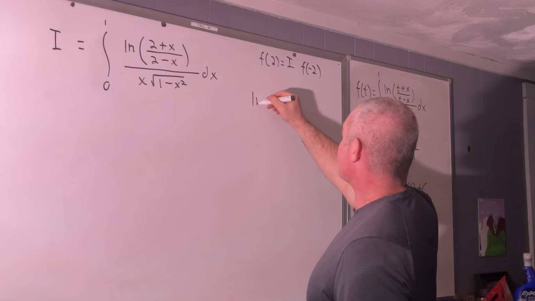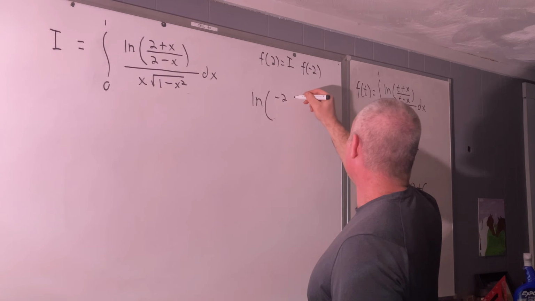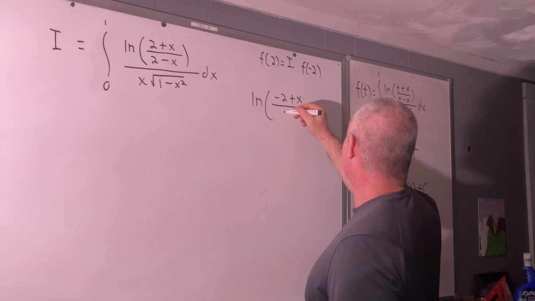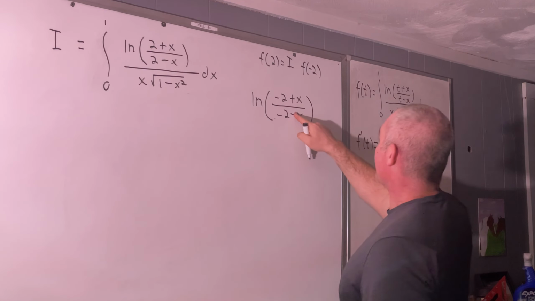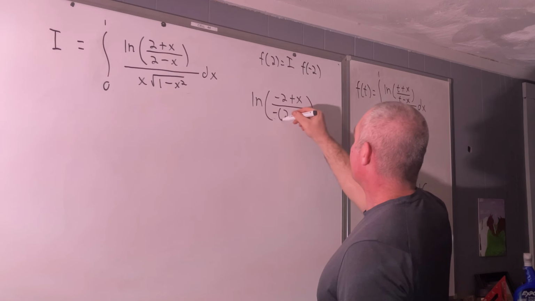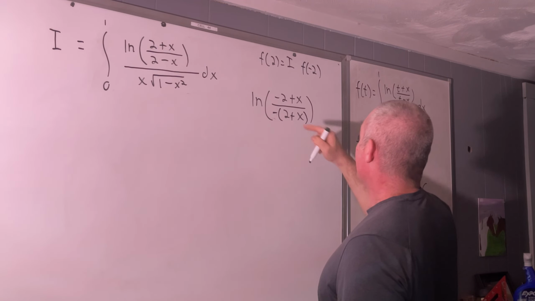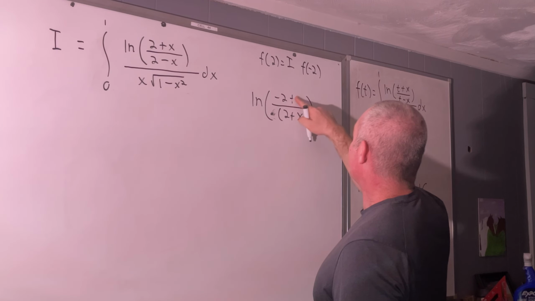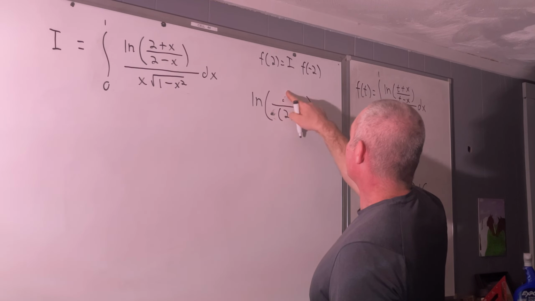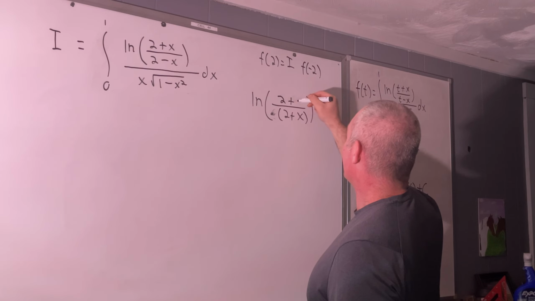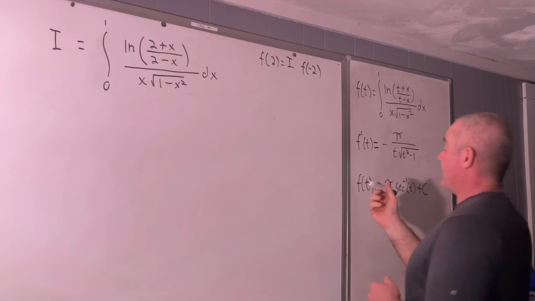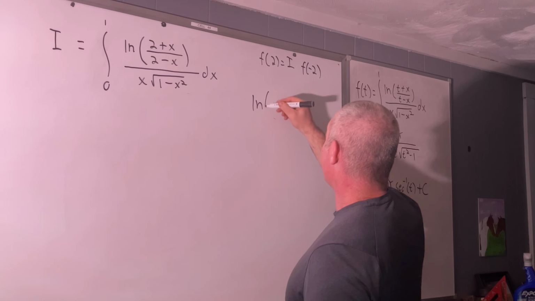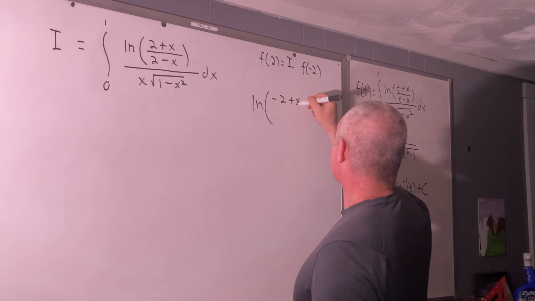We're going to get natural log of negative 2 plus x over negative 2 minus x.